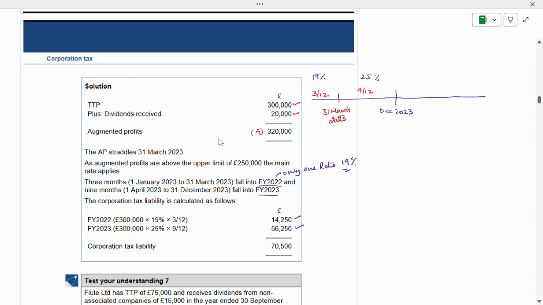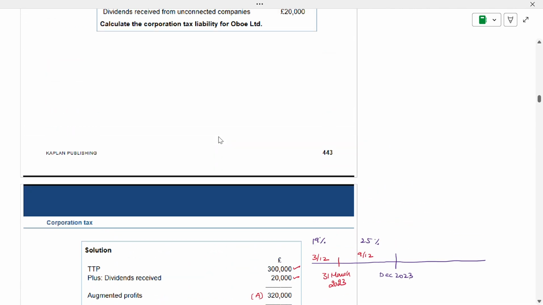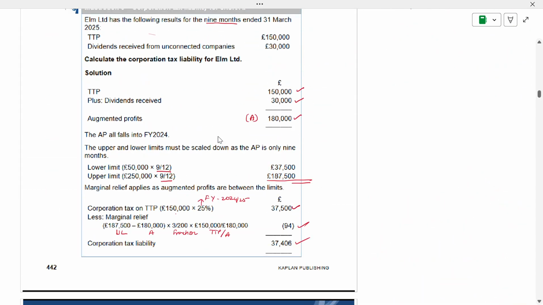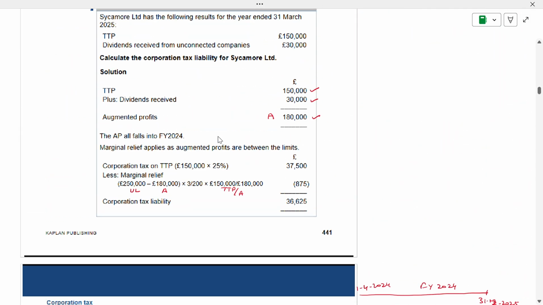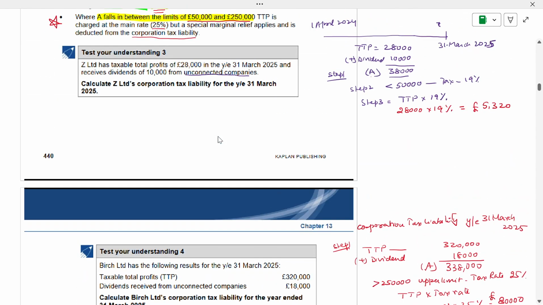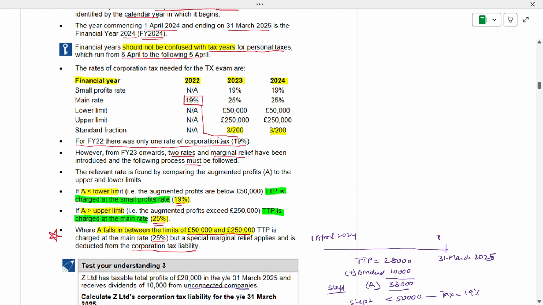There is no point in revising the upper limit and lower limit. There are only two computations. The upper and lower limits are revised only when there is a shorter period of profits, less than 12 months. Here the profits are for 12. Now, come back to where they mentioned the upper limit and lower limit.